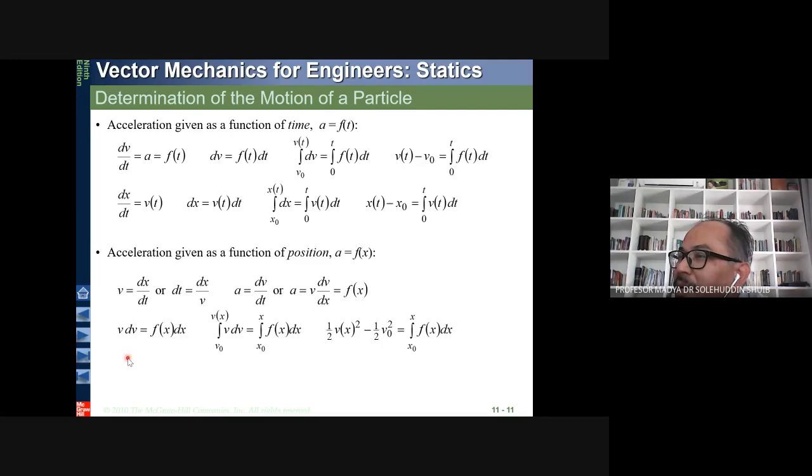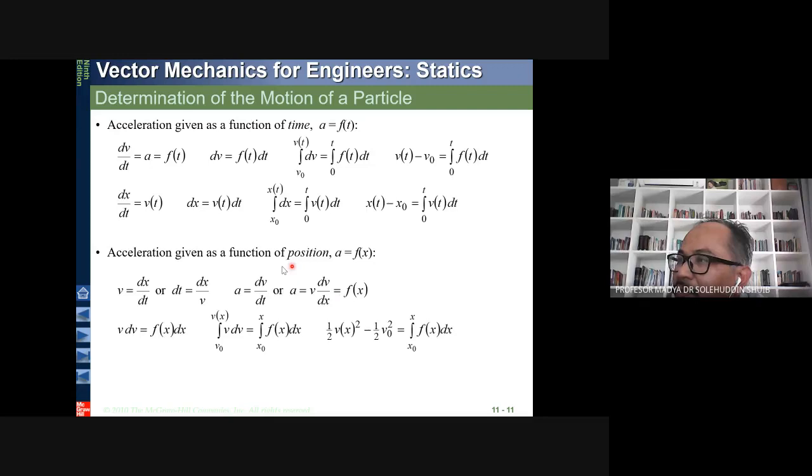So we cross multiply for both here, so you can get v dv, and then you get fx dx, and then you integrate both sides, so you're going to get half vx squared minus half v dot squared equal to the integration of fx dx.